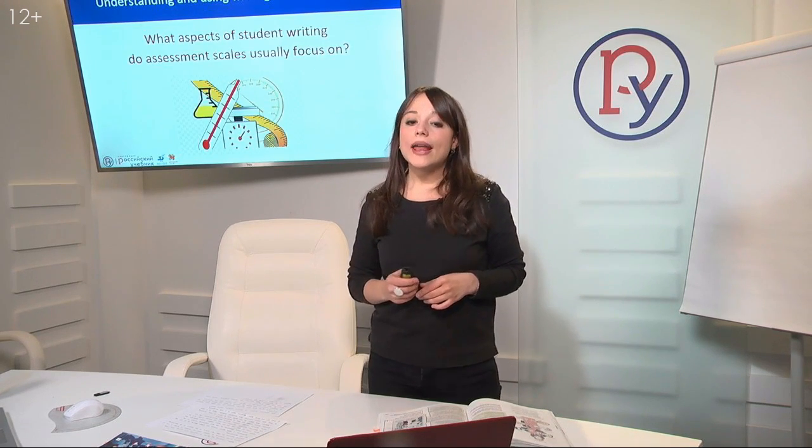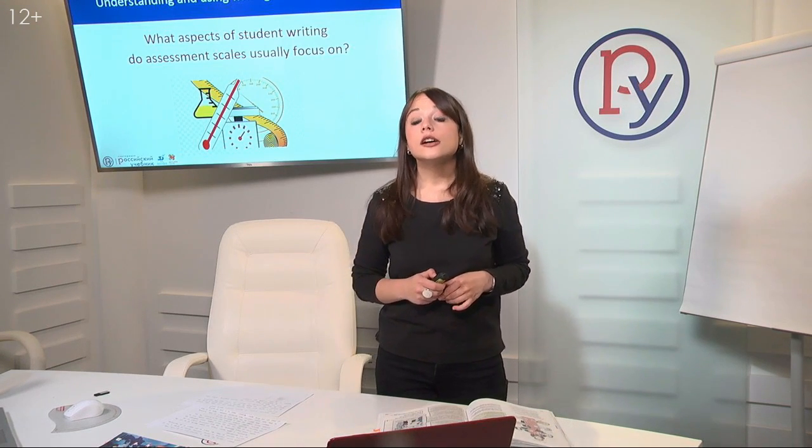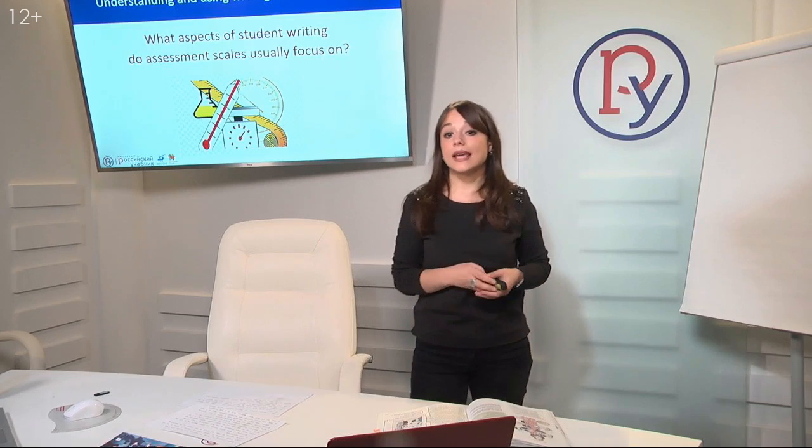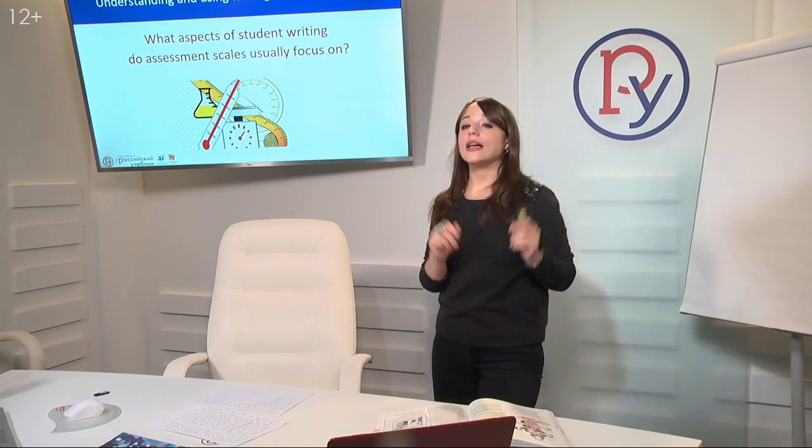Now, when assessing our learners' writing using assessment scales, we're usually focusing on some aspects of that piece of writing. And can you please think right now what these aspects are? What are the main criteria which we are focusing on when assessing our learners' writing using assessment criteria?